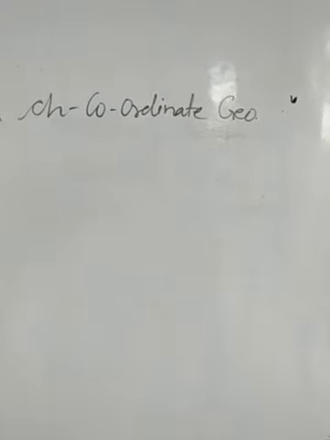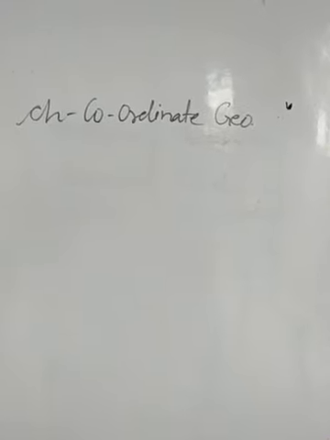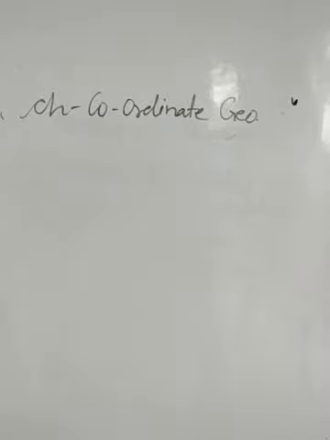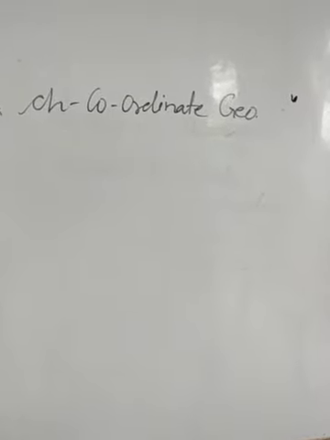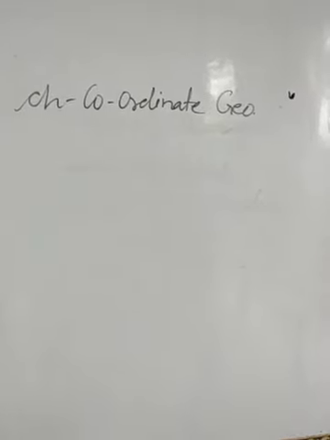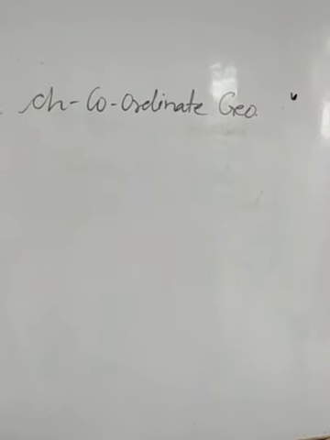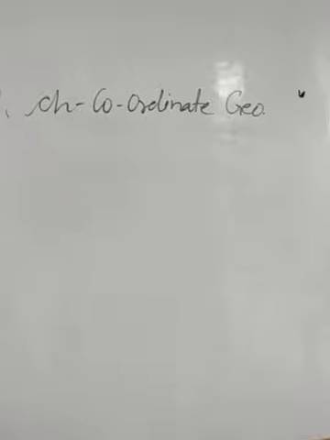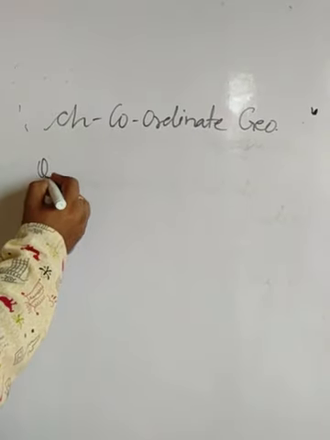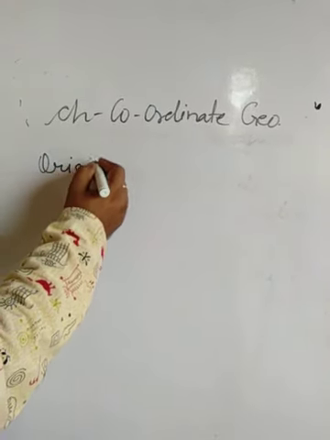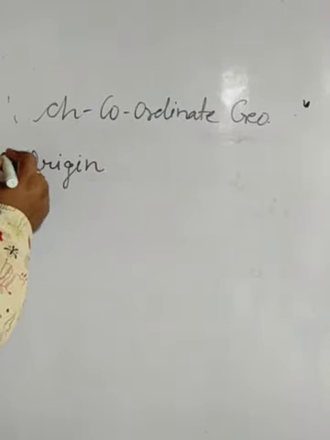In coordinate geometry, some technical points are there. If you are going to locate a point, then from where will you access that point? The point with respect to which any point is measured is known as the origin, right?